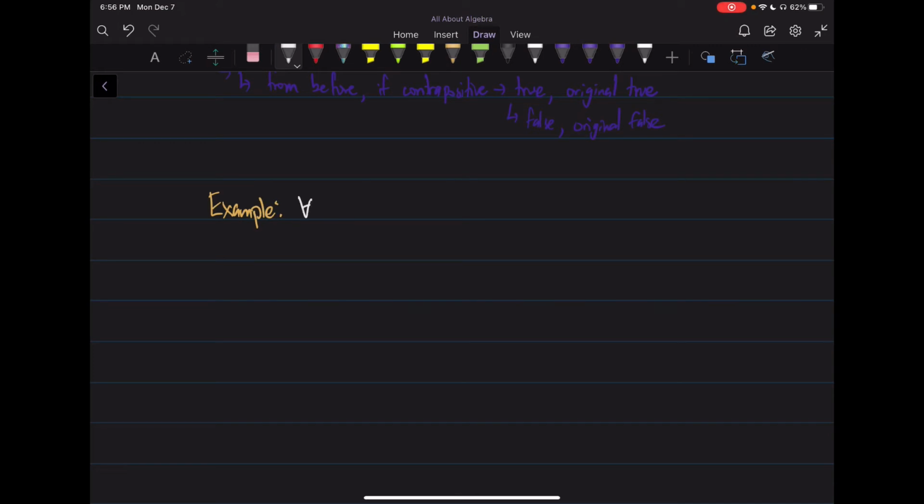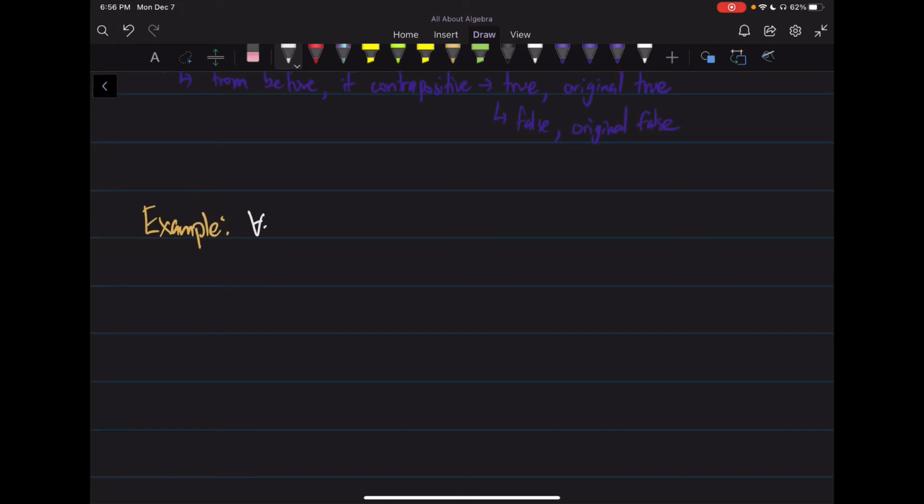So for all x that is an integer, if 2 times x plus 1 is equal to, let's say, 3, then we get x is odd.